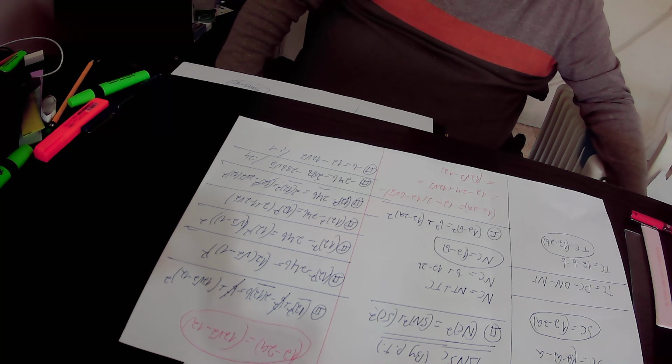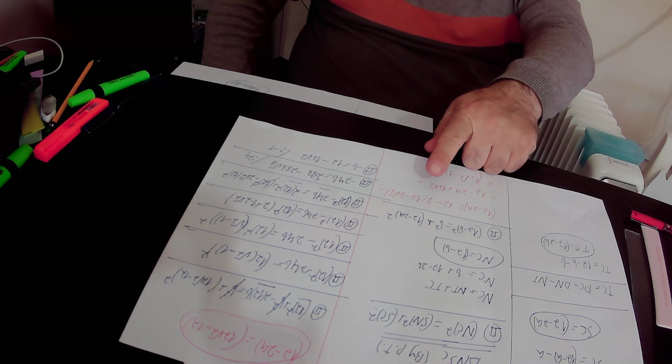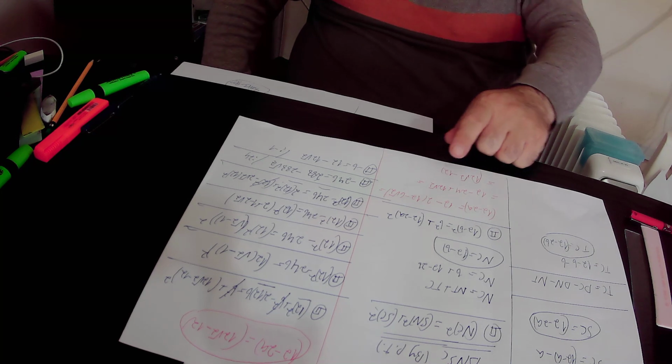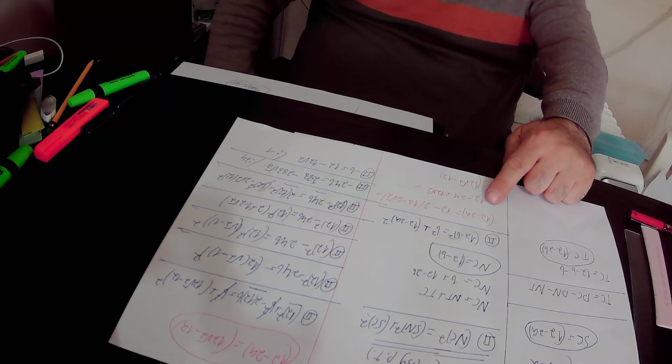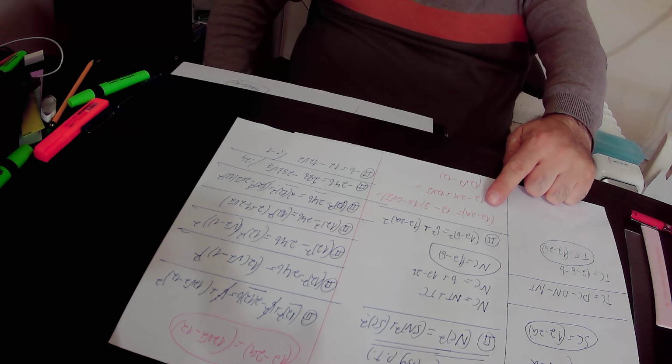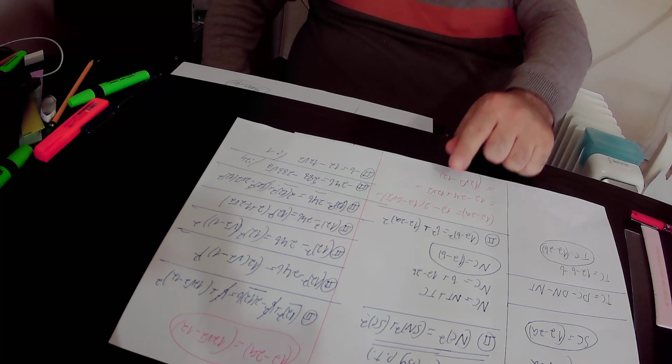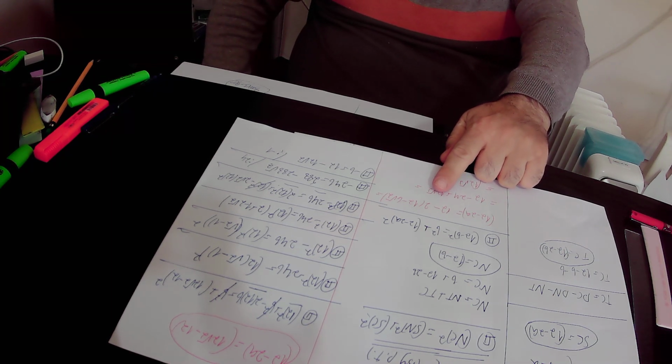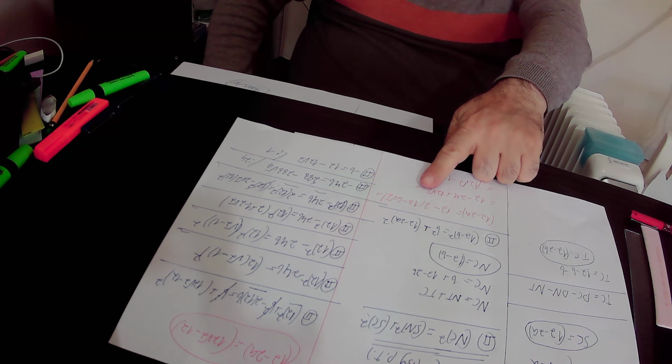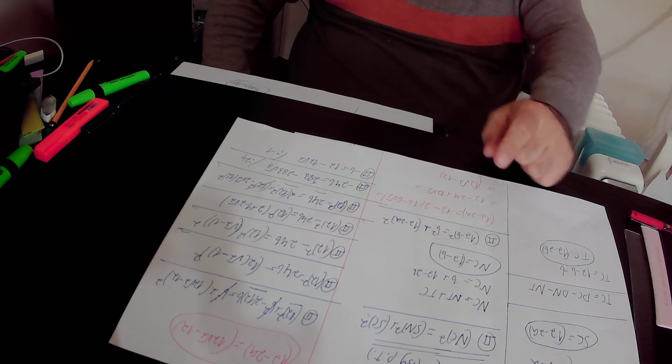Here we have to find the value of 12 minus 2A in equation number 2. We have already found the value of A, so what will be the value of 12 minus 2A? It equals 12 minus 2 times A, and A equals 12 minus 6 times square root of 2 units.